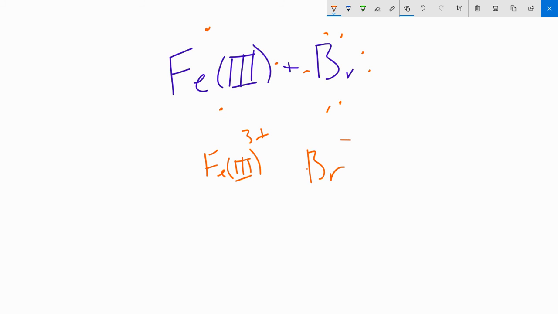Okay, if I have 1 iron and 1 bromine, and I add those together, then I'm going to end up with a charge of +2. That's no good. What if I have 2 bromines?